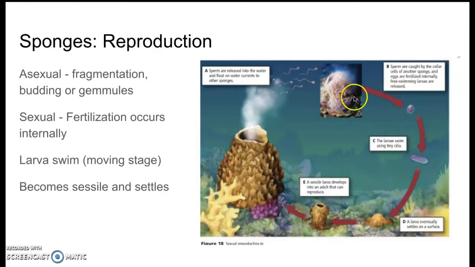Even though the sperm is released, the fertilization actually occurs inside the sponge. And then those larvae, which are already fertilized eggs, leave the sponge and travel. This is the part where the organism is in movement, in its larval stage.